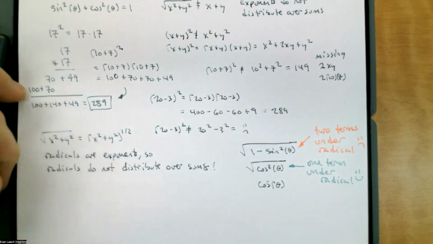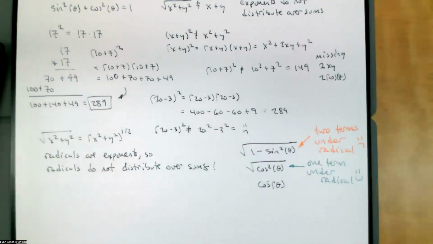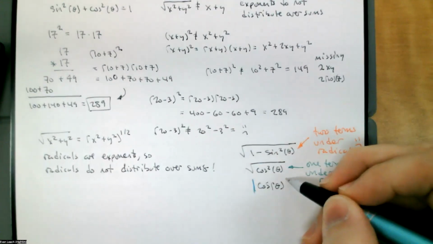Then someone can come along and be super pedantic and say, well, actually, square root of something squared should be the absolute value.